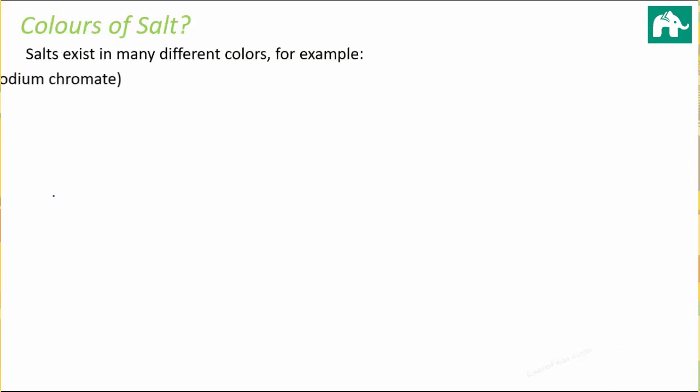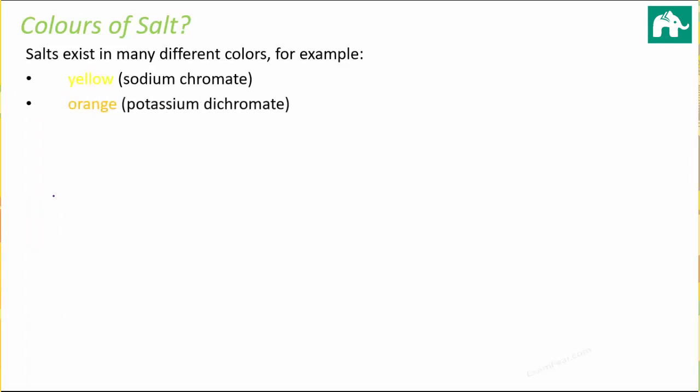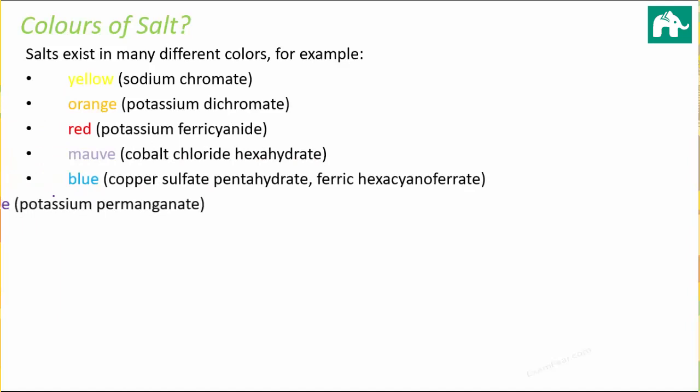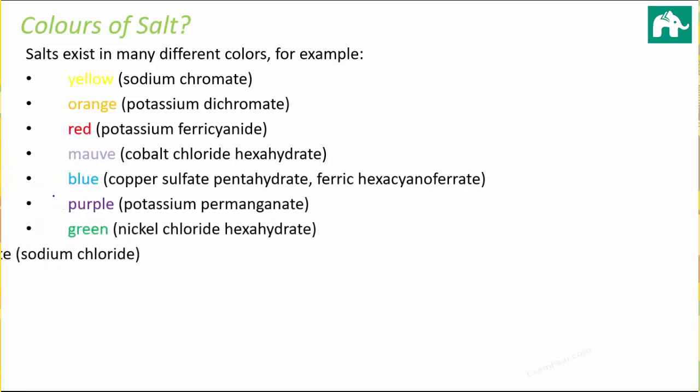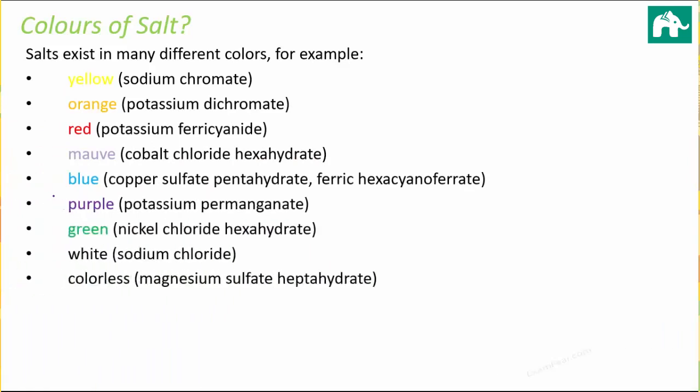Salts exist in many different colors. For example, sodium chromate is yellow, potassium dichromate is orange, potassium ferricyanide is red, and you can actually see so many colors starting from yellow, orange, red, mauve, blue, purple, green, white, or even colorless like magnesium sulfate heptahydrate.